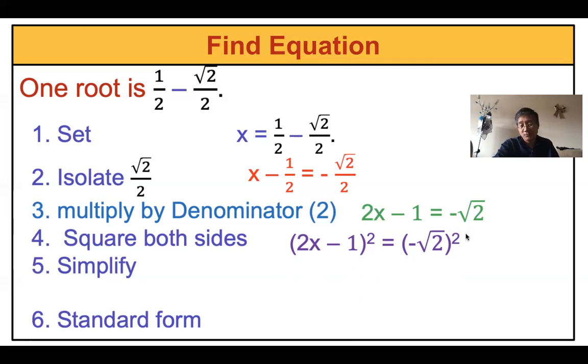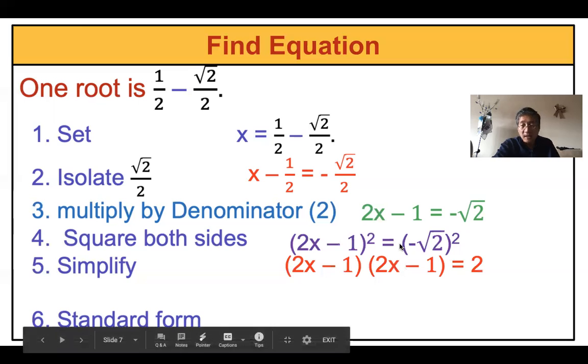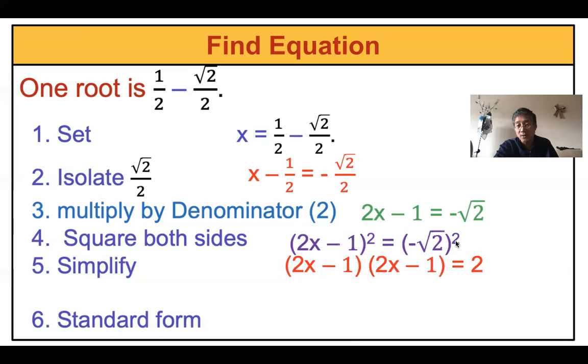If you don't, you get the wrong answer. Then simplify: 2x minus 1 times 2x minus 1, and the negative becomes positive. The square root and the square cancel, so the 2 comes out.